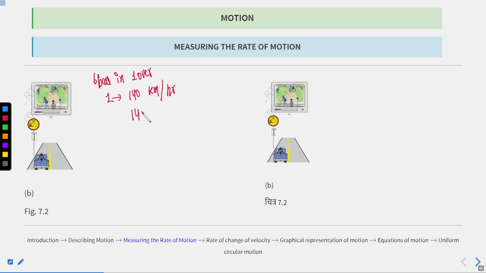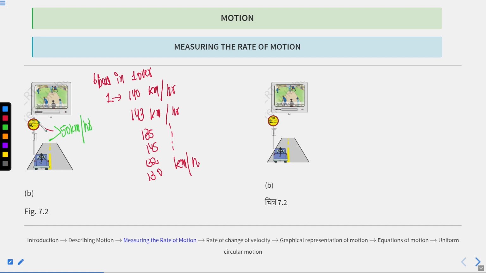Second at the speed of 143 kilometers per hour. 135, 145, 132, 130 kilometers per hour. And the second picture is a stop sign which gives a speed limit of 50 kilometers per hour.